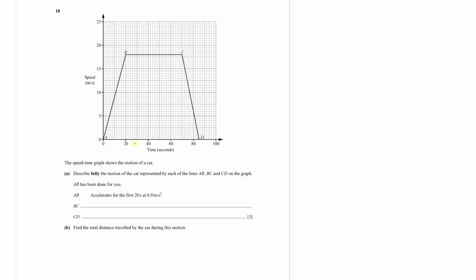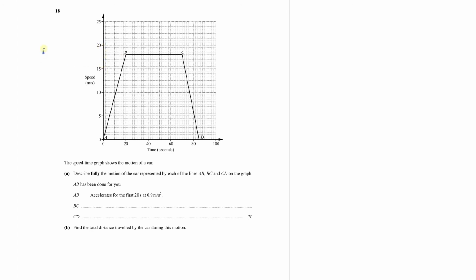So the next question is the speed time graph shows the motion of the car. Describe fully the motion of the car represented by each line AB, BC, and CD on the graph. AB has been done for you. So AB, since it's a speed time graph, the gradient of the speed time graph is acceleration. So the car accelerates for the first 20 seconds from 0 till this is 18, because this is 15, this is 20, and there are 10 blocks in between.